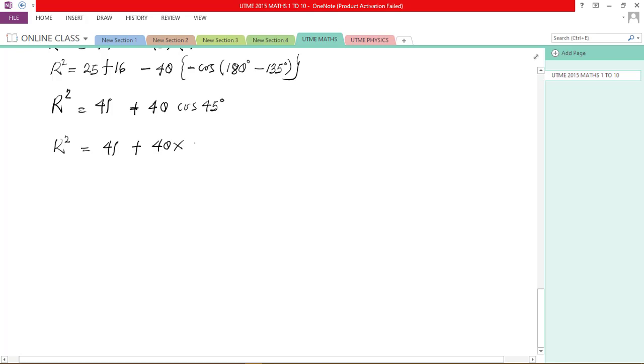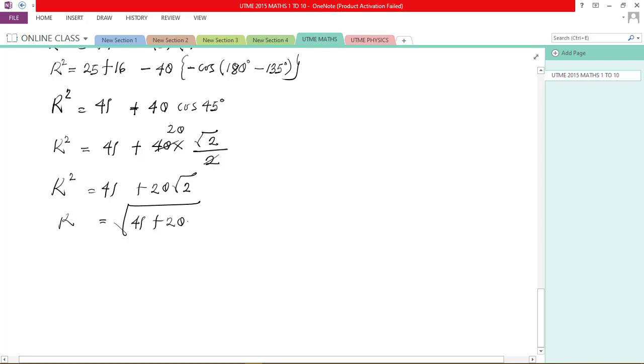We all know that cos 45 is root 2 over 2. They left the answer in short form. So 2 cancel, 40 here is 20. So r squared is equal to 41 plus 20 root 2. So our r now is the square root of what? 41 plus 20 root 2.